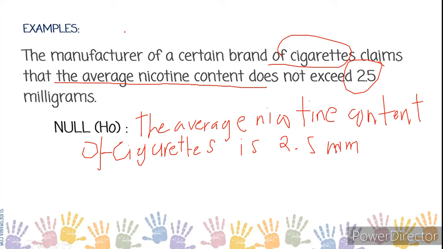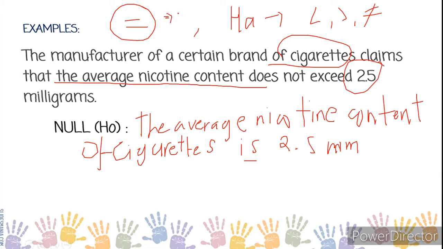Di ba sabi ko sa inyo kanina, kapag HO, it is always equal. Kapag HA naman, depende yan kung two-tailed siya. Depende sa direction. Kasi ano eh, could be less than, equal to, or not equal. Yan. So, ibig sabihin, gagamit po tayo dito ng is. Ano bang meaning ng is sa mathematics? Ang is equivalent to equal po. Yan. Is equivalent to equals.